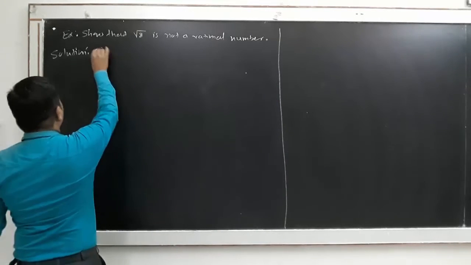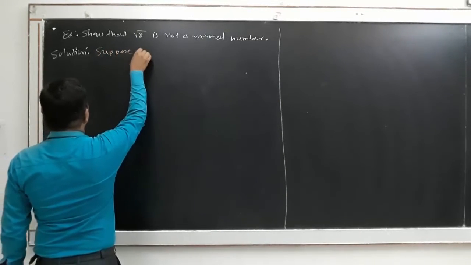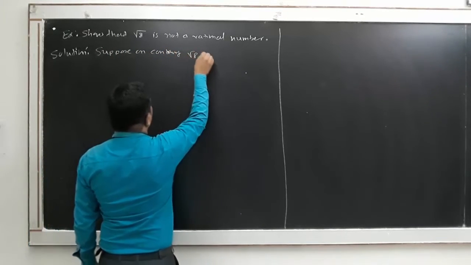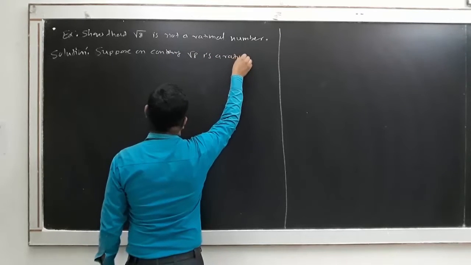Suppose, on the contrary, root 8 is a rational number.